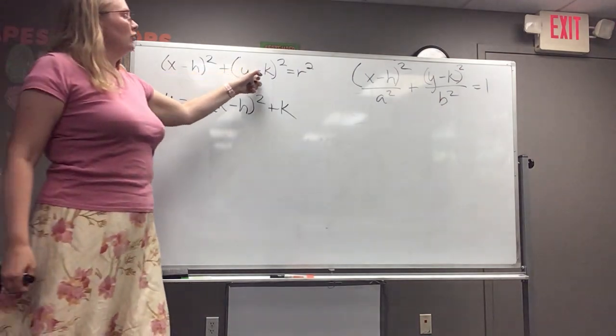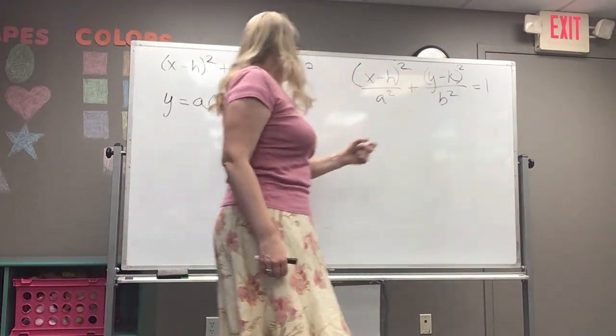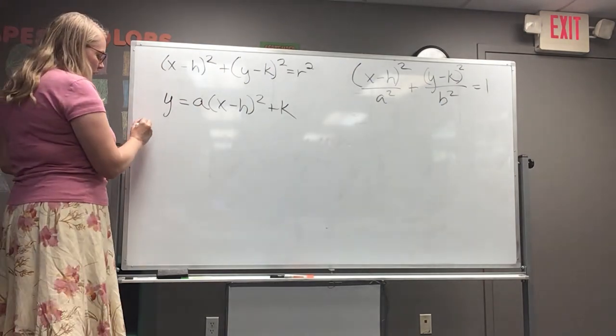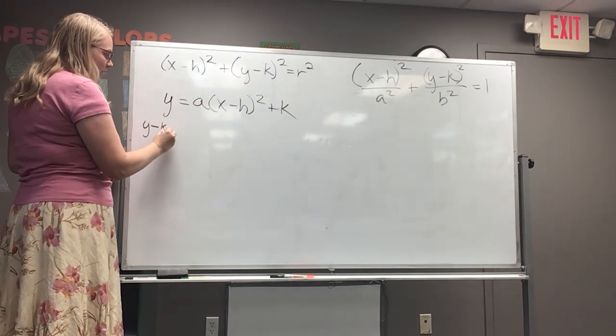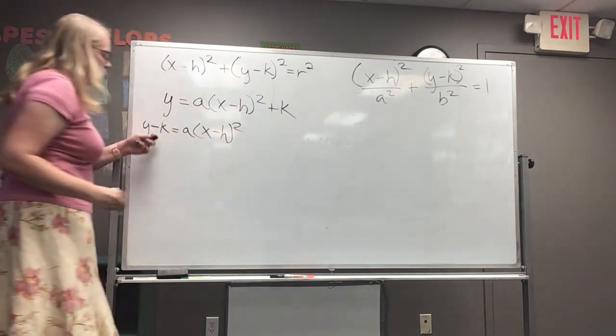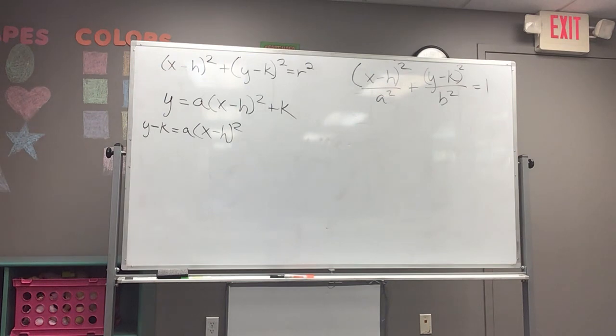Here, we are changing Y. This one, it happens at the end, but you could write it as Y minus K equals A times X minus H squared. And so this K again is changing the Y. Changing the Y changes the graph vertically.